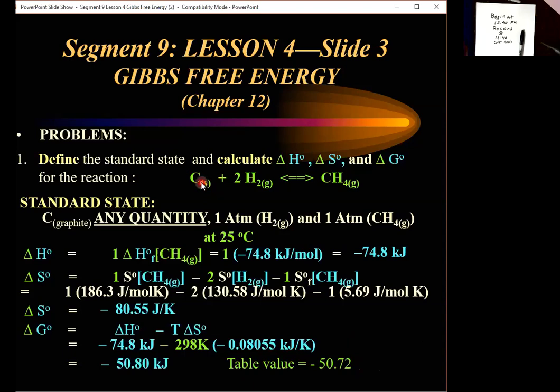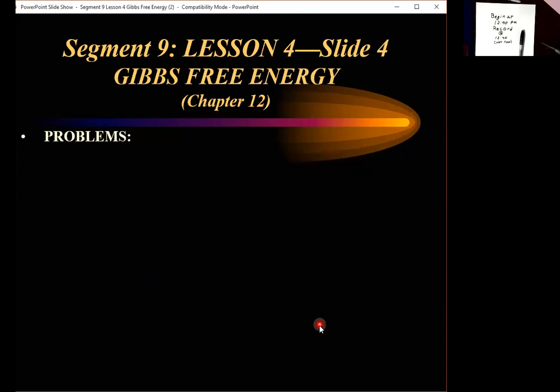Getting the entropy of solids is not terribly easy to do and involves some error. So very often you will see the entropy of carbon as a solid. If you look at your tables periodically, you'll see that they typically do change that value every once in a while.